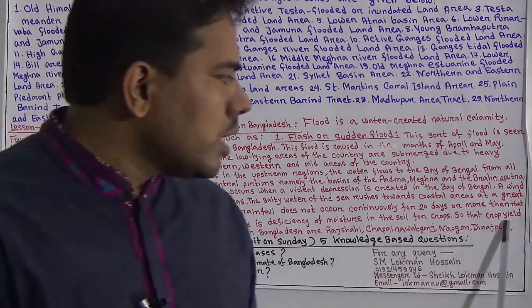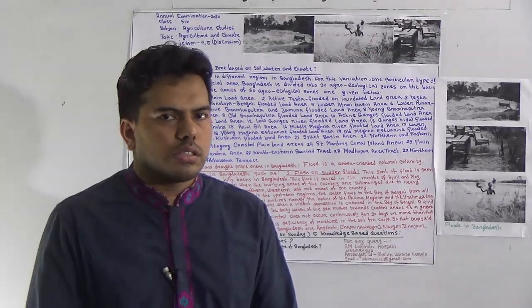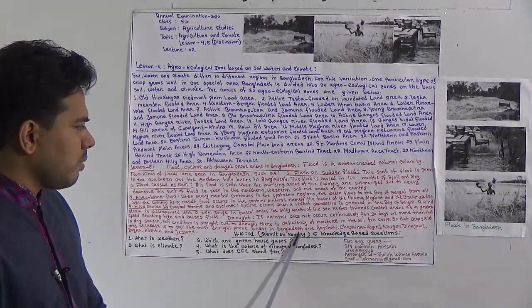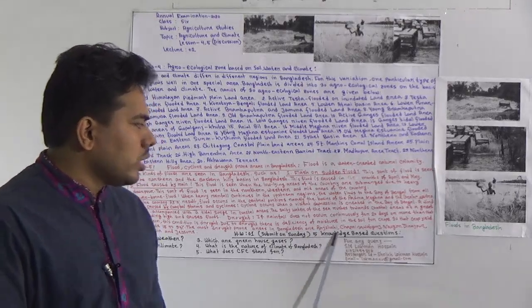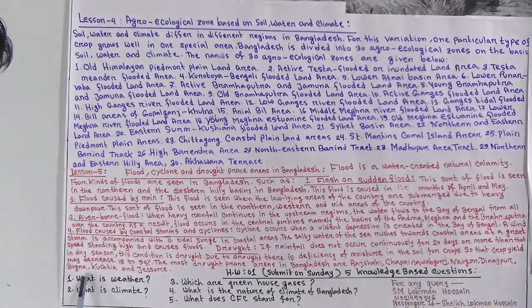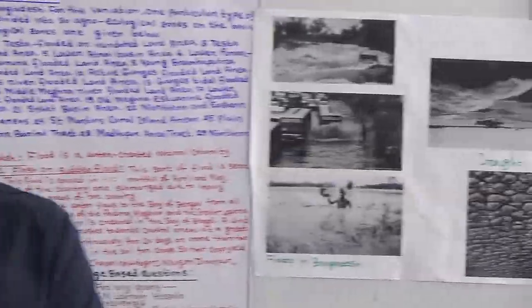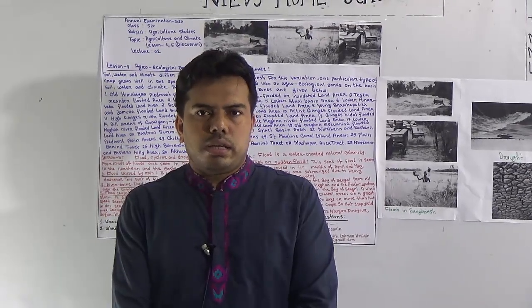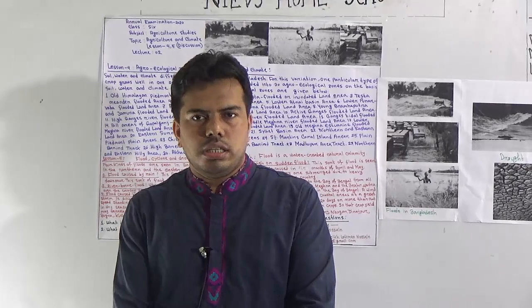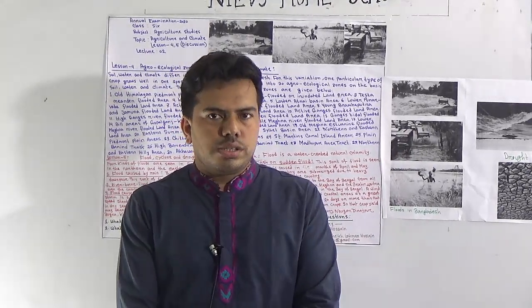The most drought-prone areas in Bangladesh are Rajshahi, Chapainawabganj, Naogaon, Dinajpur, Bogura, Kushtia and Jashore.